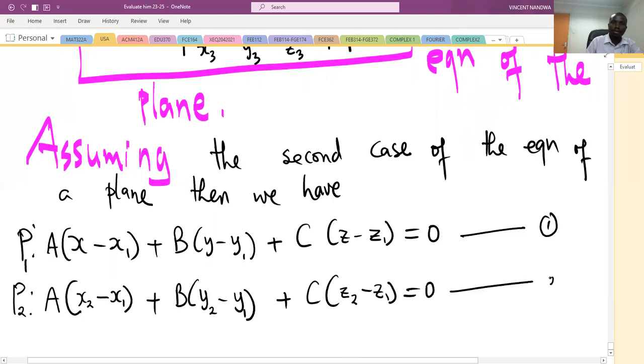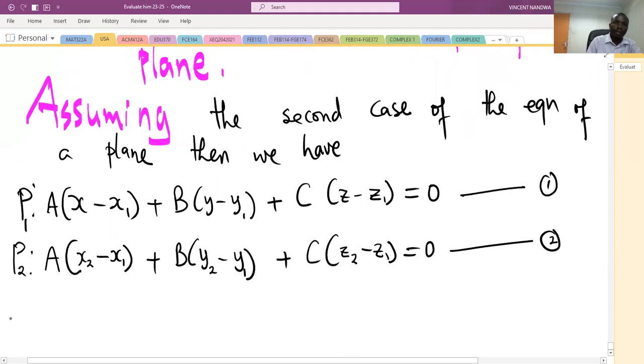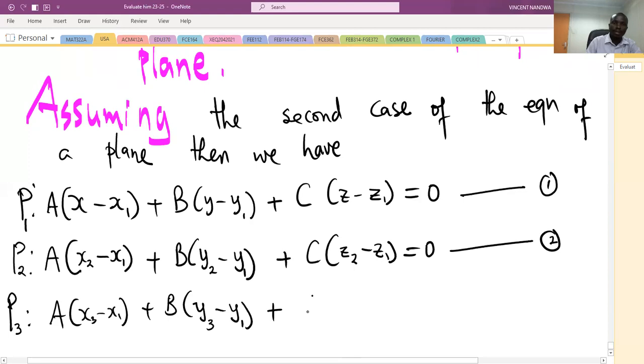Call this one equation 2. And then for P3, so this is the basic equation, I put x3 minus x1, y3 minus y1, z3 minus z1. This is the third equation.